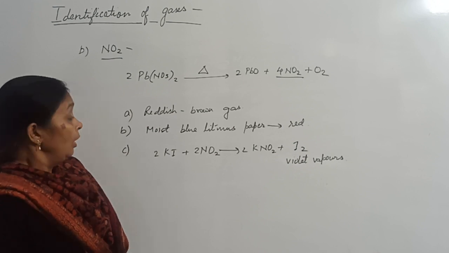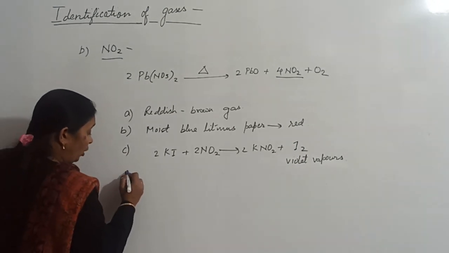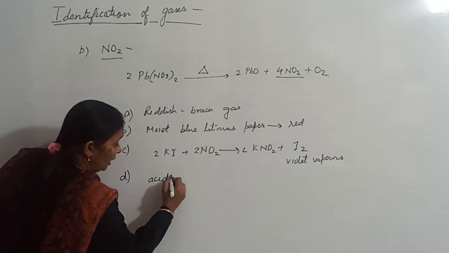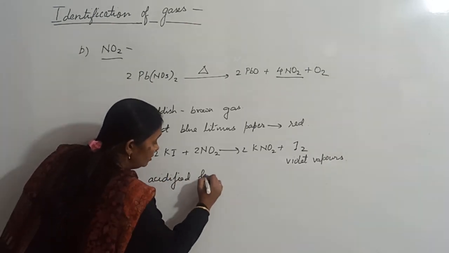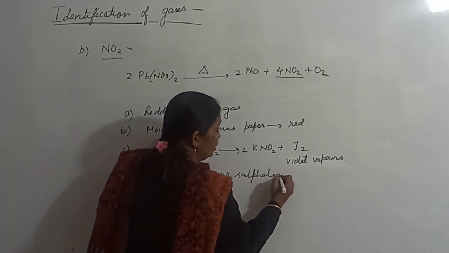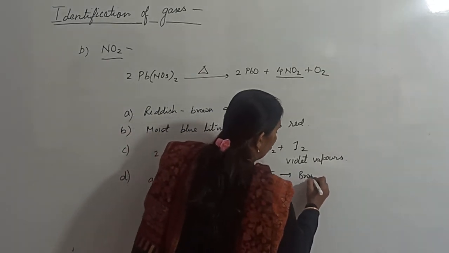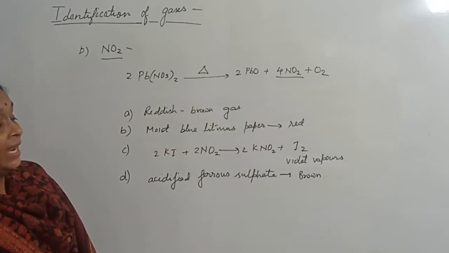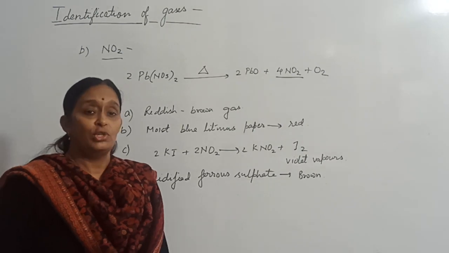Another test which you can perform is if you pass nitrogen dioxide through acidified ferrous sulfate, then the acidified ferrous sulfate will also turn brown. So this is one test by which you can confirm that the gas released is nitrogen dioxide or not.